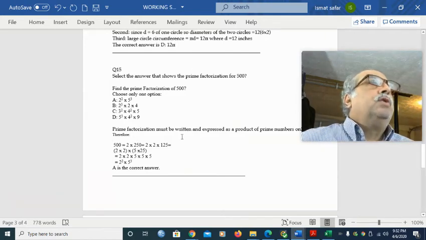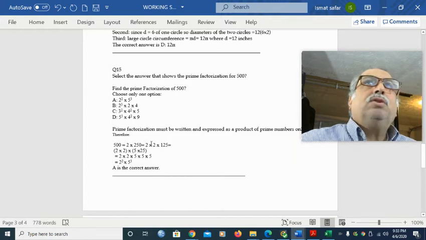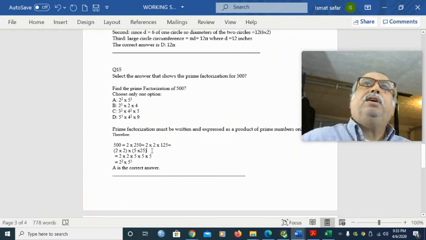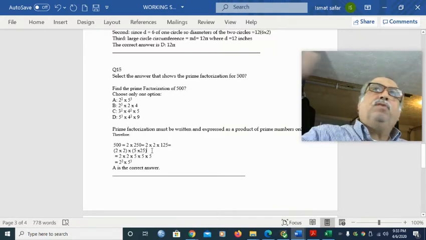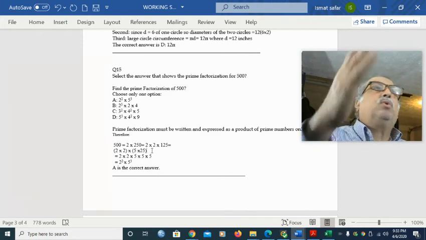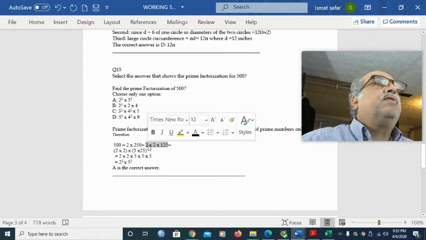So 500 is actually 2 times 250, which is 2 times 2 times 125, because 250 is two 125s, right? 125 plus 125 is 250. So now we have 2 times 2 times 125.